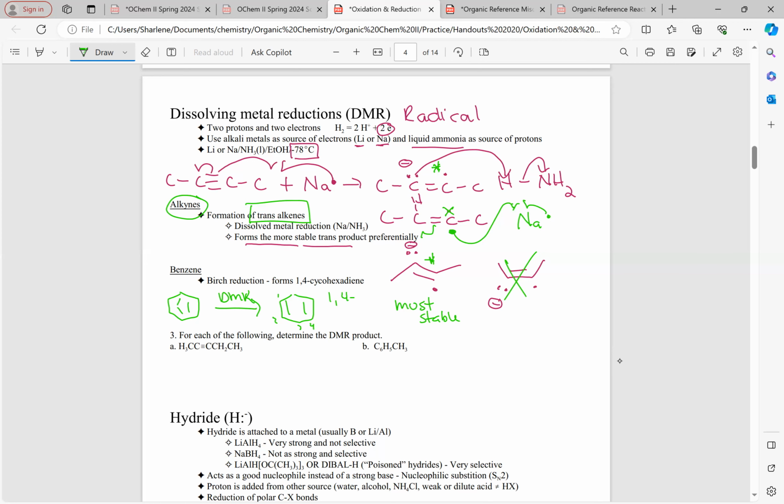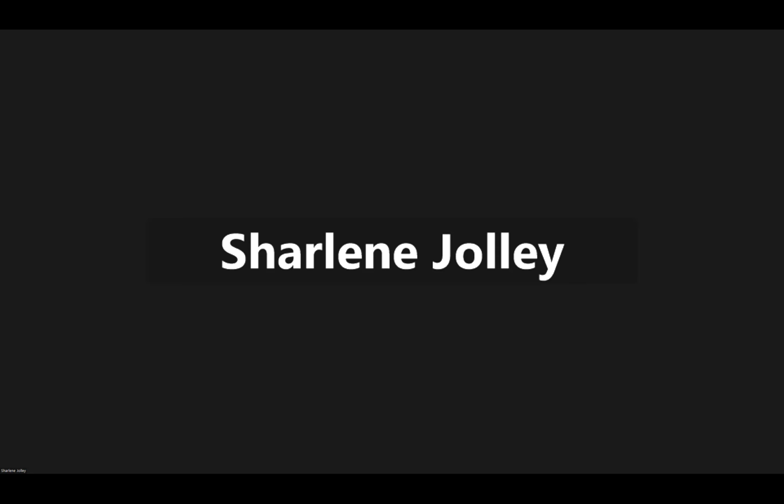Okay, very unique. Now there is a benzene chapter, and we'll talk about that again, but it does use dissolving metal reductions. All right, I know I gave these two as an example for you, but I'm going to go to the whiteboard and do both of those. All right, so get out of this one, go to the whiteboard.